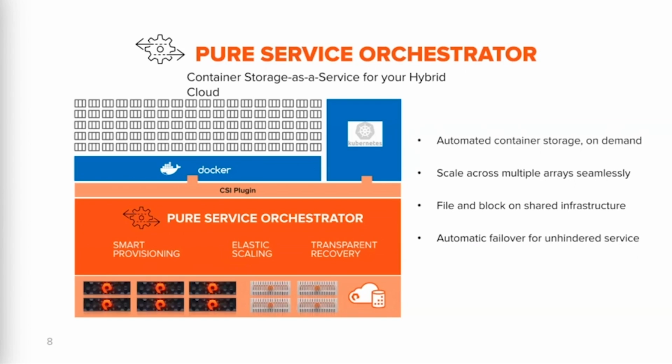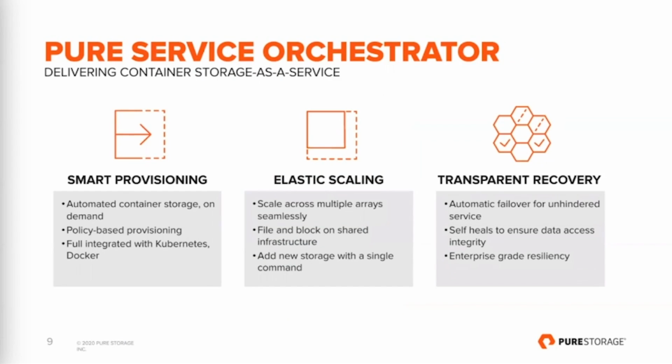So we're scaling, we're providing a simplicity that you'll see during the demo, and hopefully you'll see how easy and on demand that makes it happen. So the elastic scaling, a single line to add a new array or device to the pool, and then smart provisioning, being able to make that decision for you.